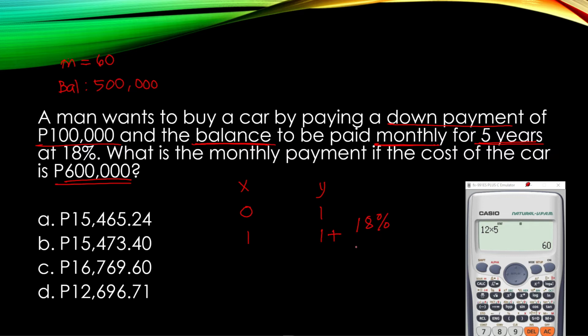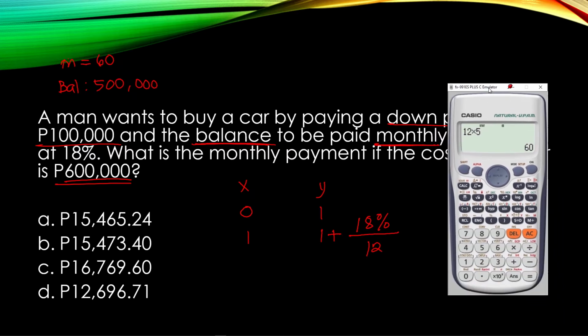Okay. But since yung monthly kasi yung payments niya, divide pa natin ito by 12. Unlike nung kanina, yearly kasi yun, no? Ito monthly kasi for 5 years. So divide pa natin ito by 12. Okay? Input lang natin yan.